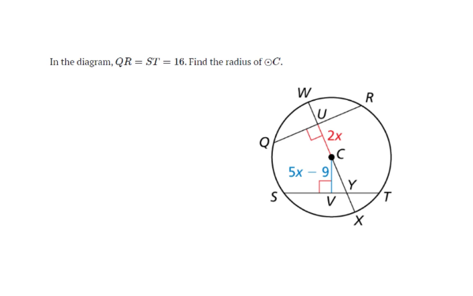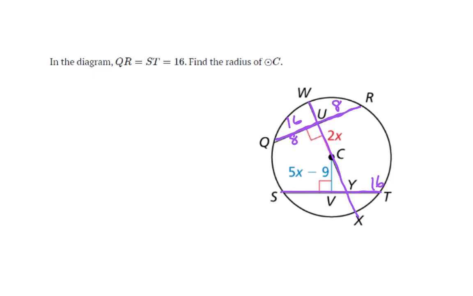So here's our diagram. It says in the diagram QR equals ST equals 16. So QR is 16, ST is 16. Find the radius of the circle C. As I'm looking here, I notice that the diameter WX is perpendicular to QR, which tells me that UR is 8, QU is 8.